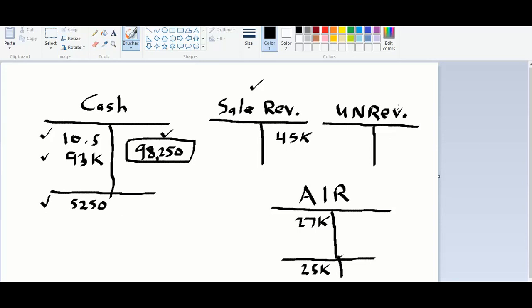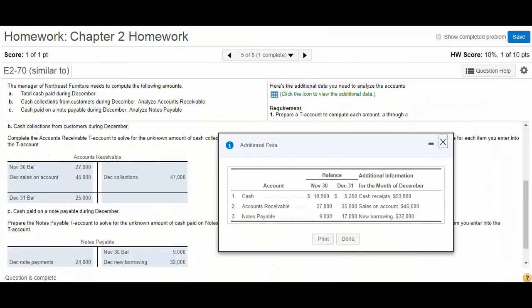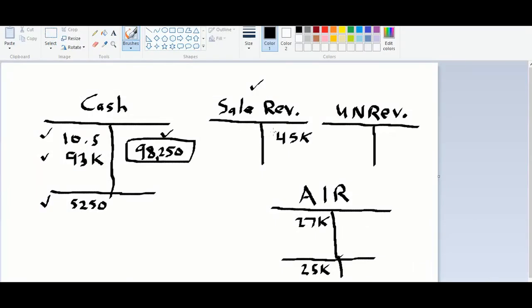If it's coming towards the company because we sold something, then it's an accounts receivable. If money's going away from the company, it's accounts payable. So we sold 45,000, and when it's sold, it goes here. If we're going to record revenue on account here, what's the debit? Well, the debit has to be accounts receivable. We're going to receive 45,000 in the future.